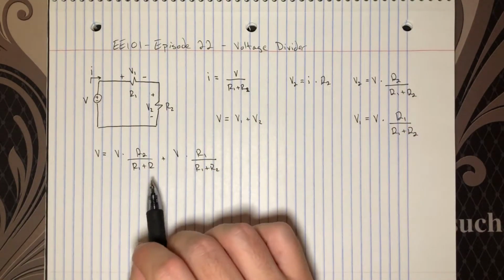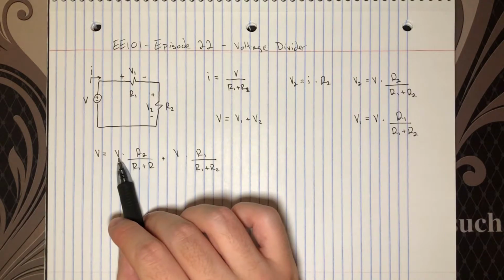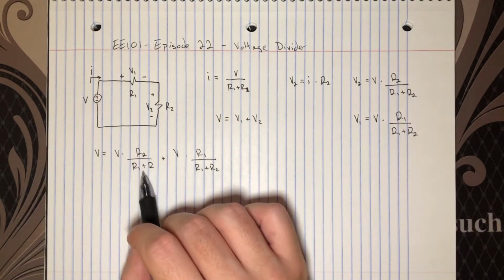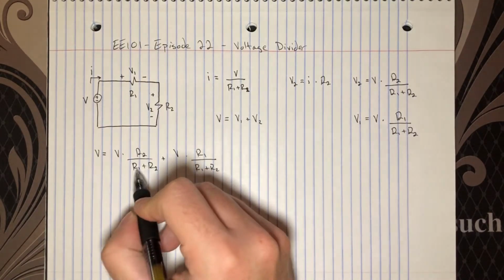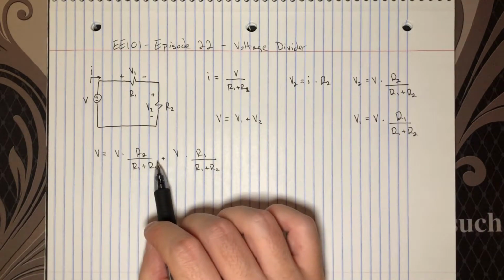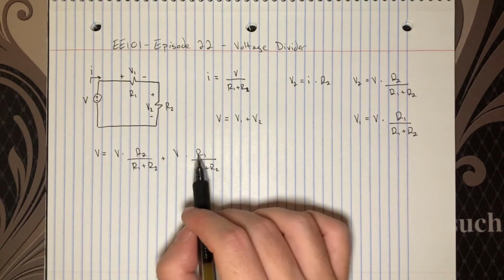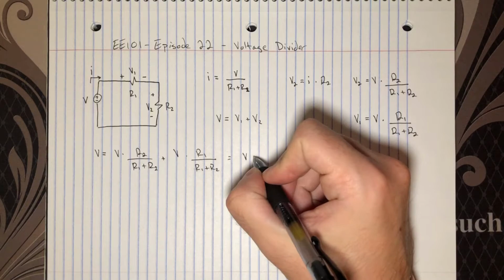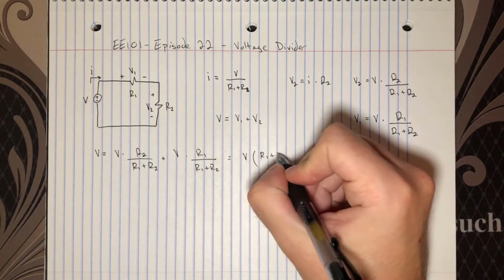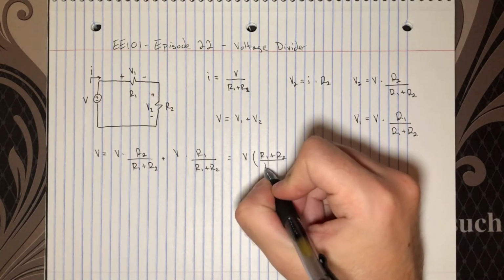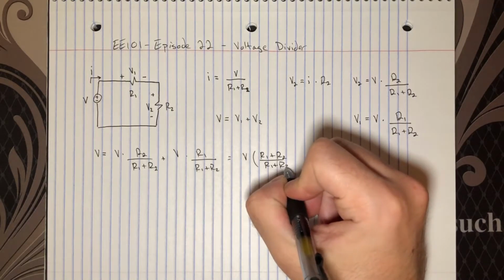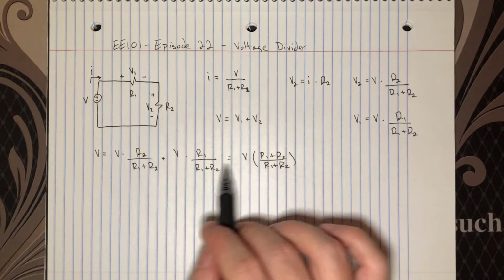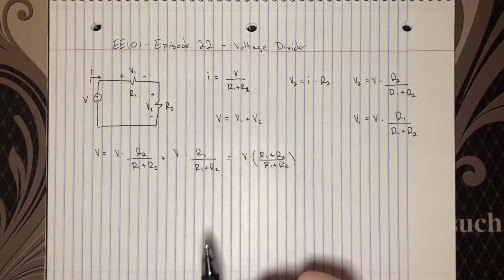It's pretty easy to see that if you factor out the V, you'll be left with a common denominator of R1 plus R2, and the numerator will also be R1 plus R2. So what you're left with is V times R1 plus R2 over R1 plus R2. Well, this is just 1, and so clearly we have that V equals V.